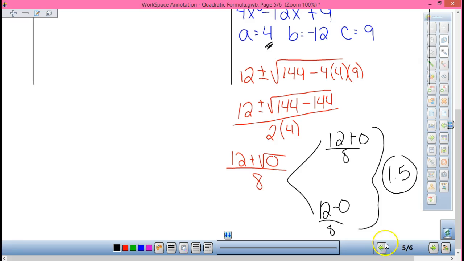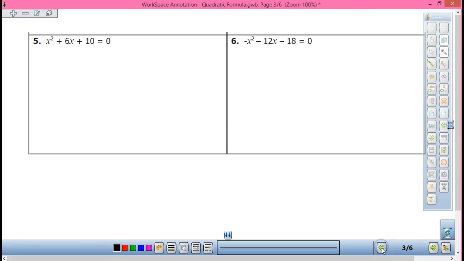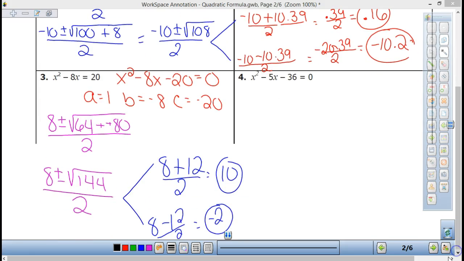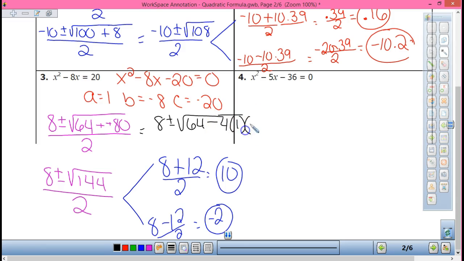Okay, so on this one, when we did plus 80, if I didn't skip that step, I would have 8 plus or minus the square root of 64 minus, right? 4 times A times, what's my C? Negative 20. So minus, and when I do this, I need a negative, right?